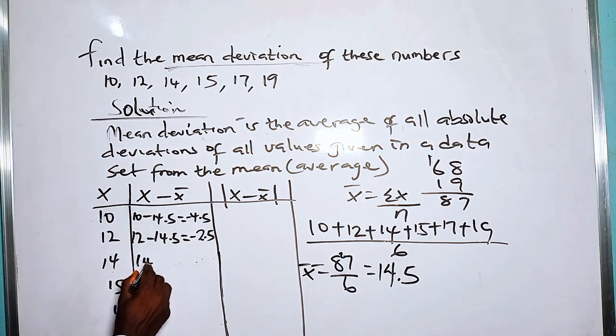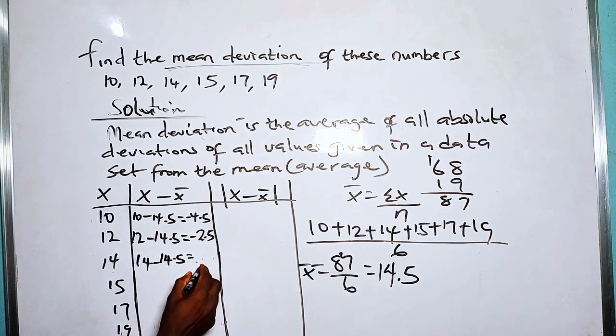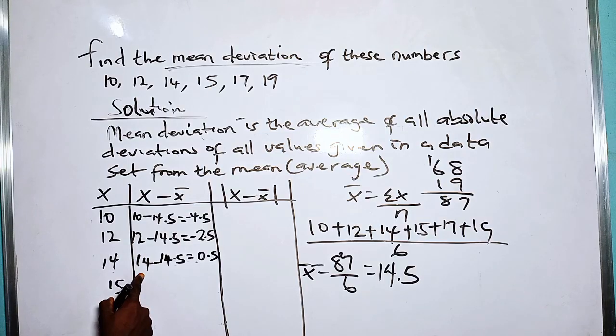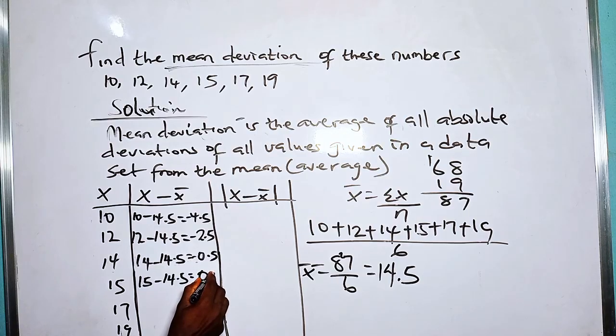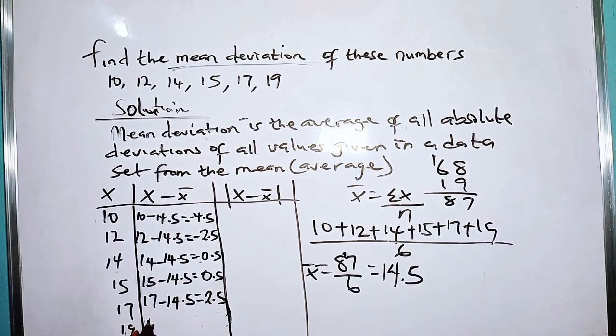Then 14 minus 14.5 is minus 0.5. 15 minus 14.5 is 0.5 as well. 17 minus 14.5 is 2.5. And 19 minus 14.5 is 4.5.